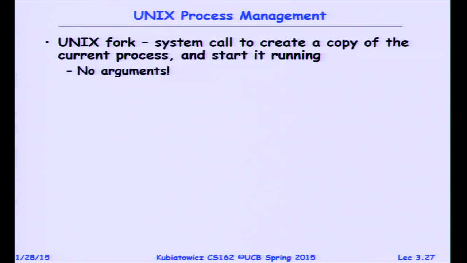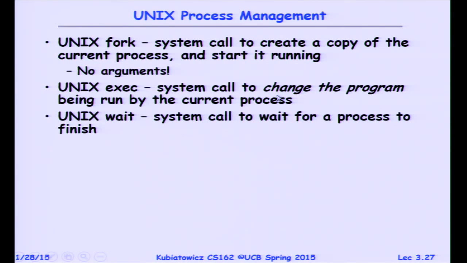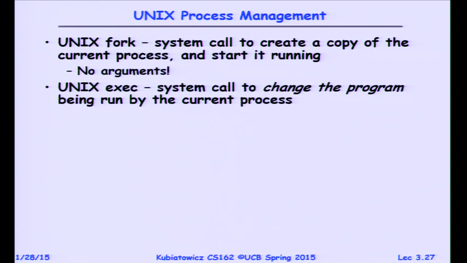So process management, simplest form of this is fork, which is a system call to create a copy of the current process. It has no arguments. Exec is another interesting call, which changes the program being run to something else. Oftentimes what happens is, let's talk about the shell.